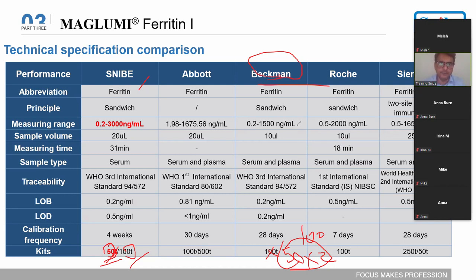Yes, Artem Yurin, you are right. In terms of two kits, like 50-50 test, the stability of one kit is, for example, 28 days, and the other is 28 days. So altogether 56 days for the 100 test. But in our case, we have the option of 100 tests. If the customer is not able to consume the 100 tests in 30 days, they have the optional 50 test pack size, which can be used for 30 days.